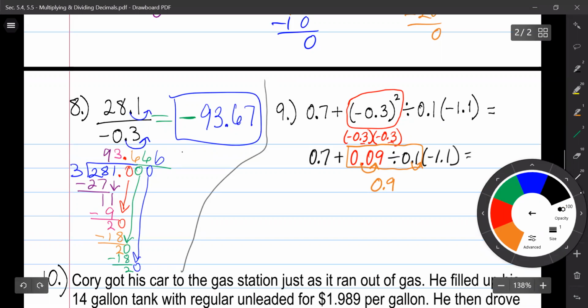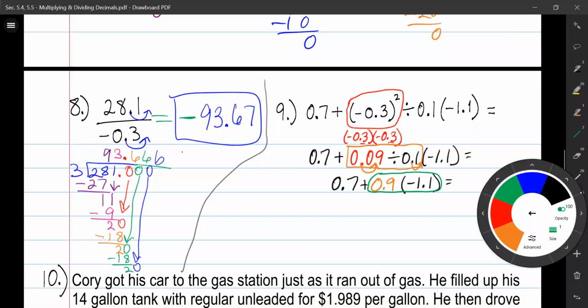And I'll just bring everything else down. So I have 0.7 plus 0.9 times negative 1.1. So the next thing I would have to do is multiply 0.9 times negative 1.1. Okay, so I know that that answer is going to be a negative because it's positive times negative.